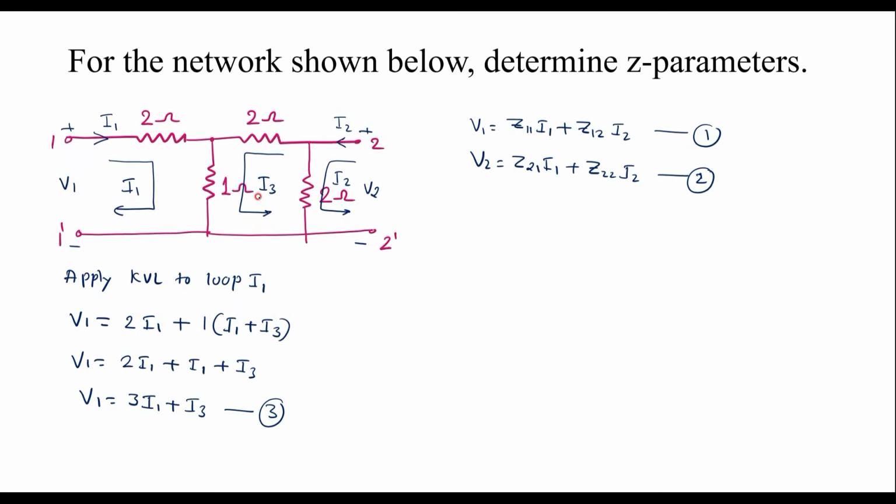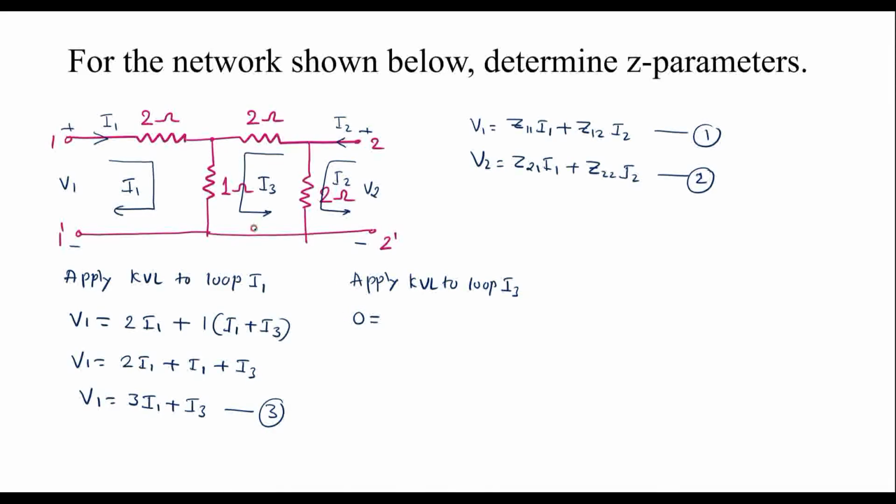So now similarly apply KVL to loop I3. So I can write 0, as there is no voltage source.